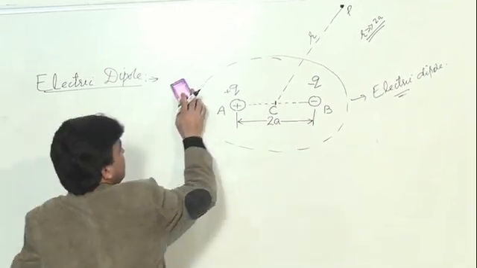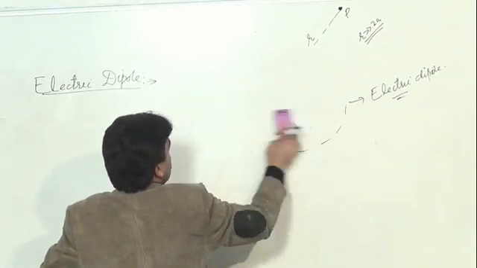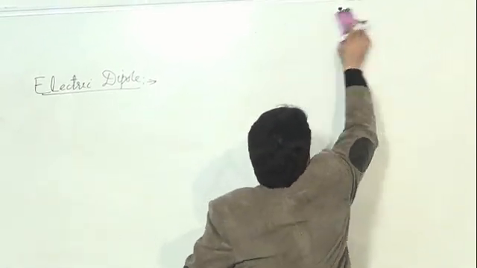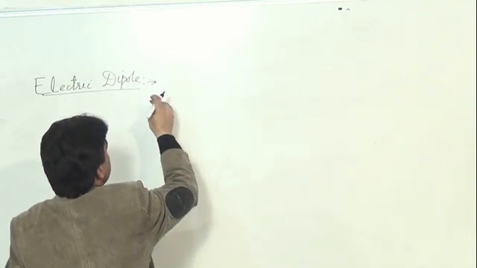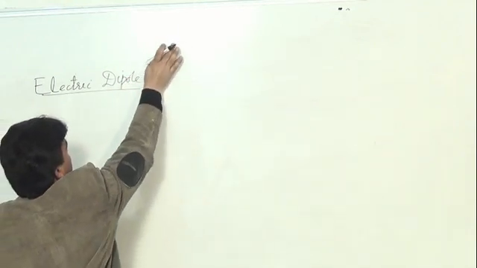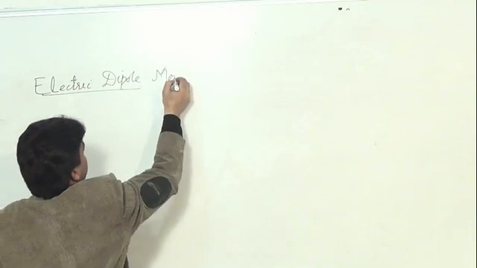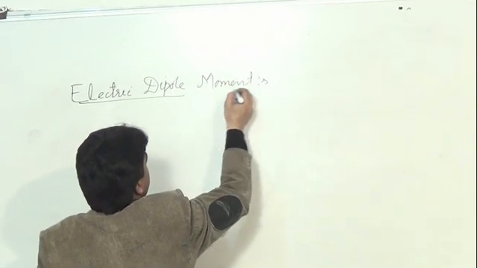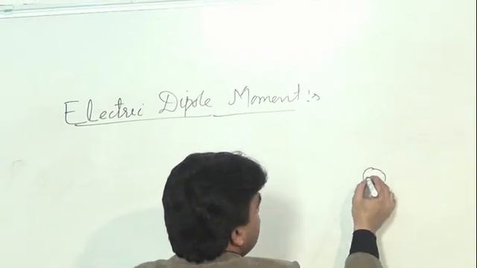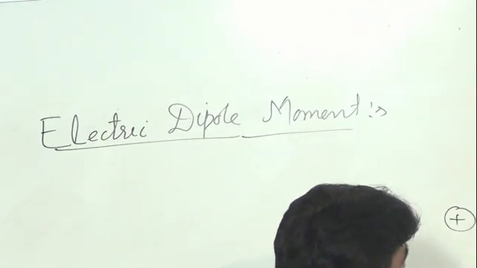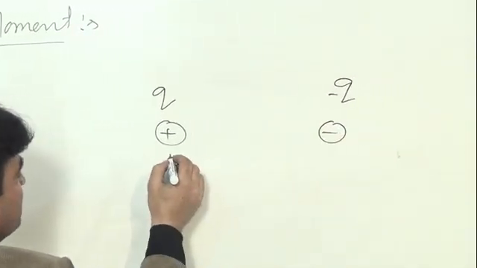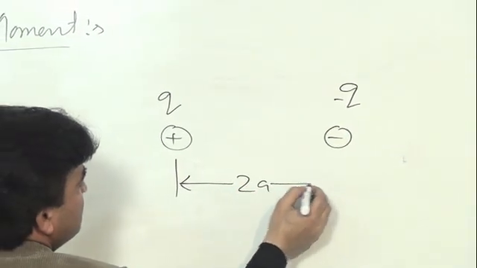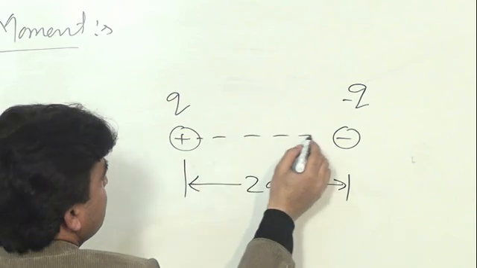In order to get the expression for electric field intensity, another term regarding the electric dipole which we must know is called electric dipole moment. Let us consider first of all the electric dipole consisting of two equal and opposite charges separated by a distance 2a.